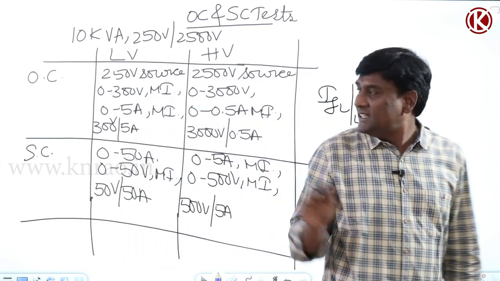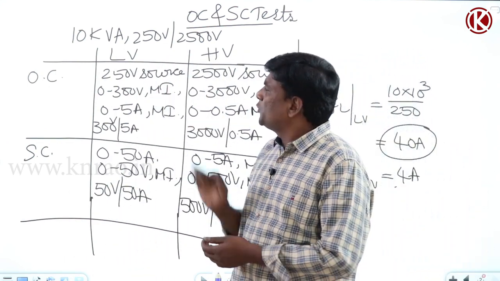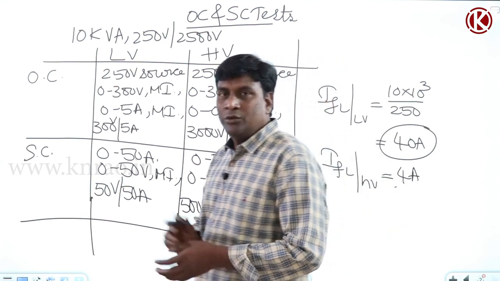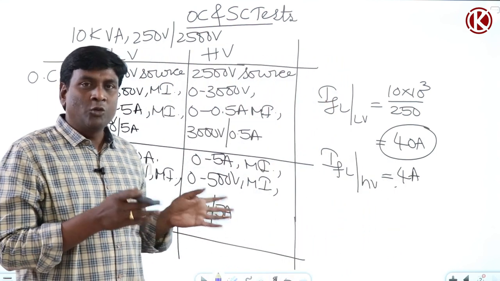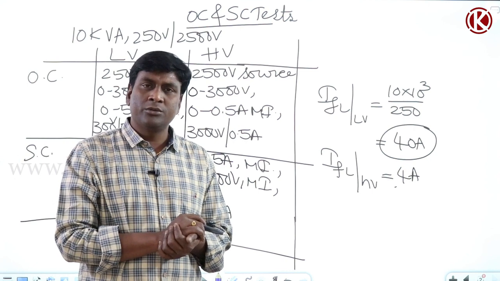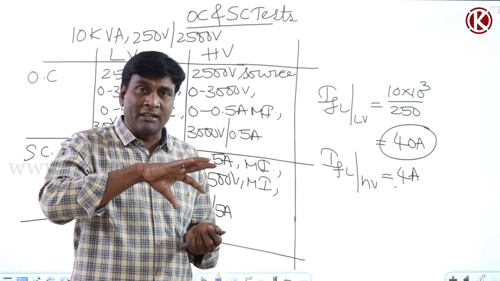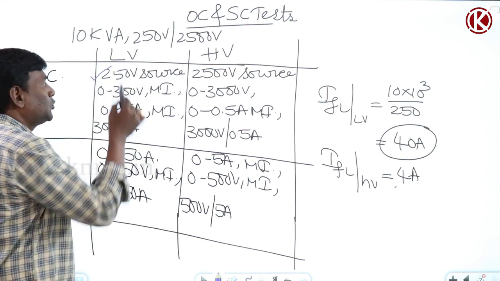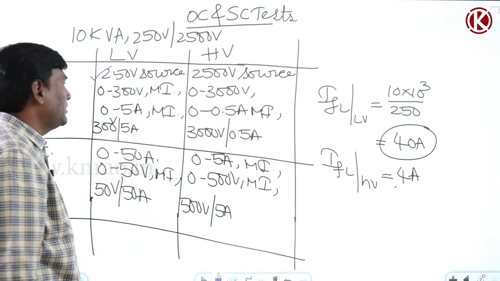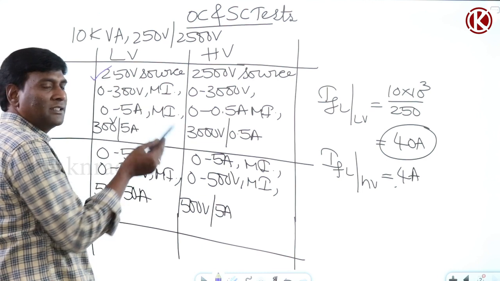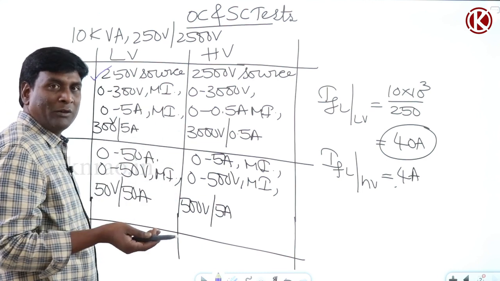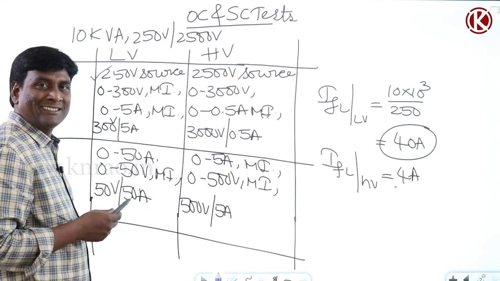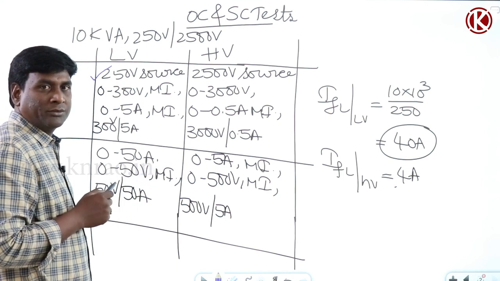Okay, now this 250 volt source. If you think of our household application, roughly 230 volts you are going to get. Now if you keep a dimmerstat or variac, you can raise it to 250 volts very easily. So a 250 volt source is easily available. And 0 to 300, in the sense phase to neutral, our supply voltage from the electricity board is roughly 230 volts.